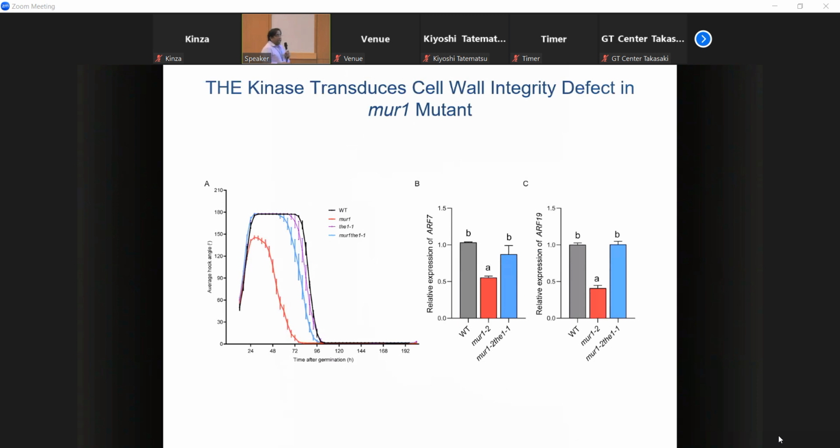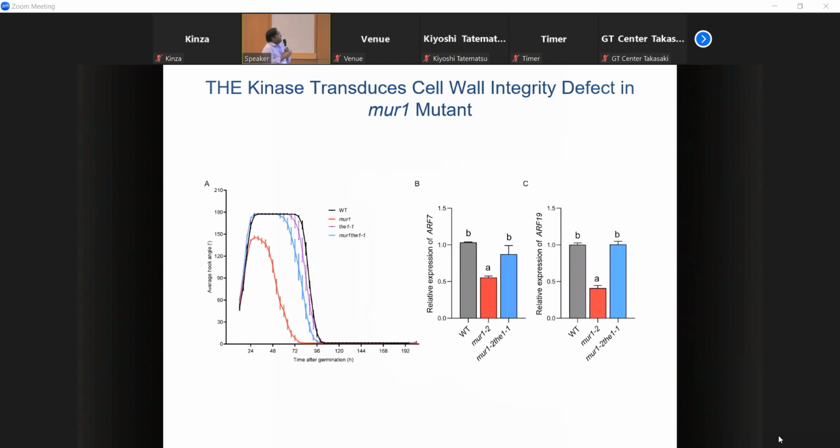And in the last part, how is this change in pectin RG-II dimerization sensed? It is known that FERONIA, HERK1, and THESEUS are cell wall integrity kinases, and THESEUS is a negative regulator. So we made a double mutant, and very interestingly, it also rescues.